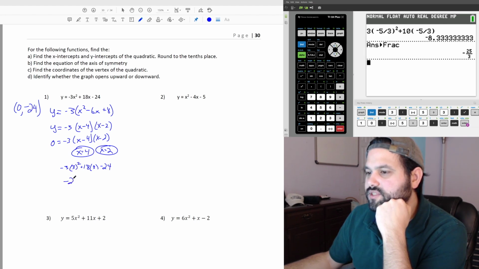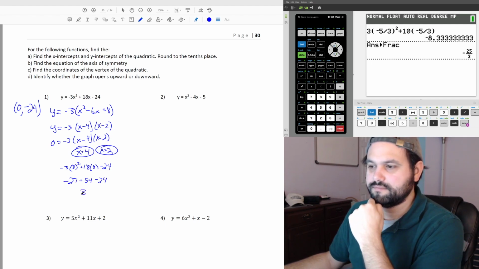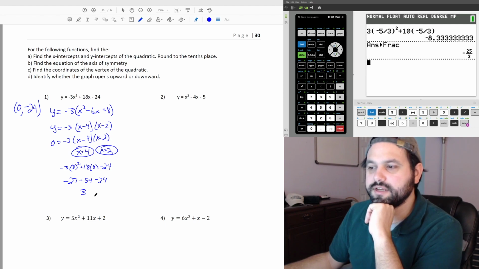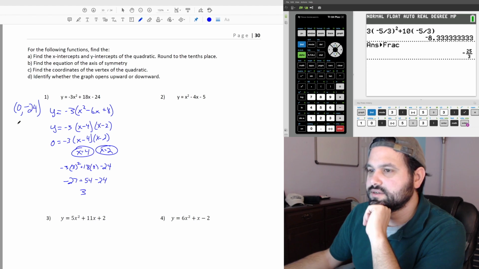Let's look, negative 27 plus 54 minus 24, 30, and show 3, I think, hopefully. So our vertex, I guess I do have to identify what I'm talking about here. My vertex is at (3, 3).